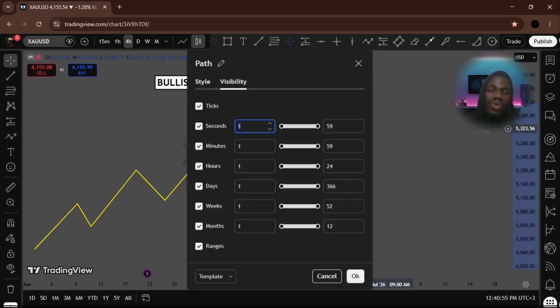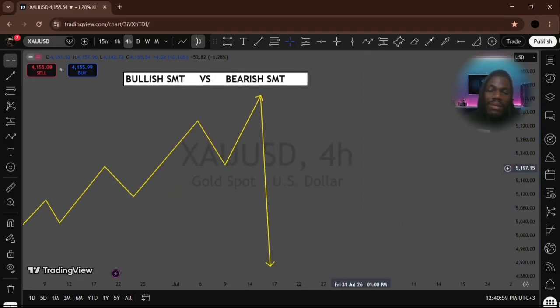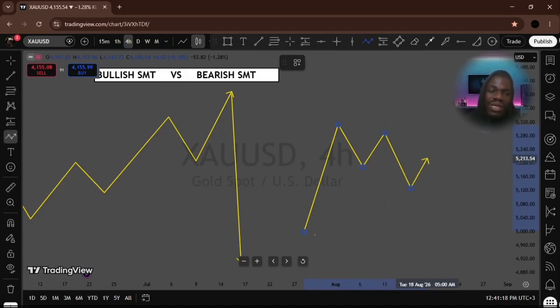With two correlated pairs, when the first pair makes higher highs, the second pair is going to fail. The second pair will fail to make higher highs, so it will begin to do like this. This is the second pair now.